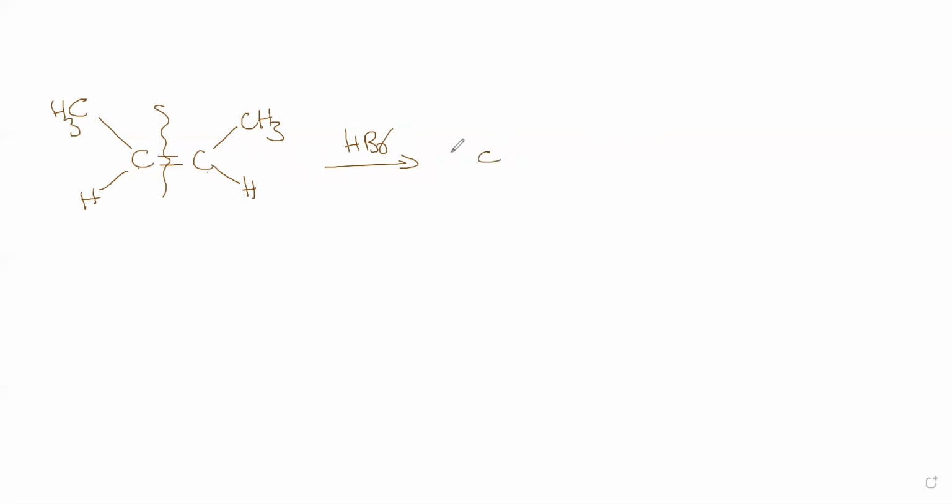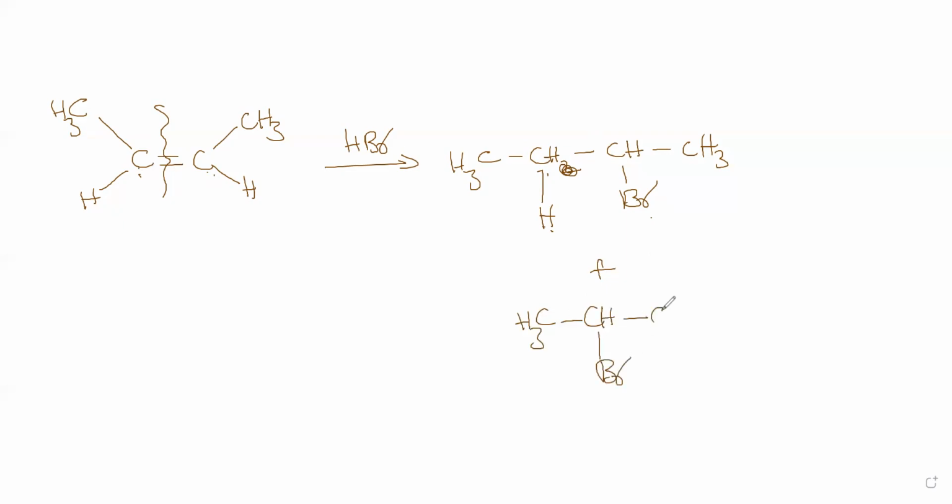What I'm ultimately going to get is CH3, CH2, CHBr, CH3. Assume that here I added hydrogen. If I exchange these two, suppose I add hydrogen here or I add bromine here, even if I exchange these two, I don't have any problem with the compound that is formed.